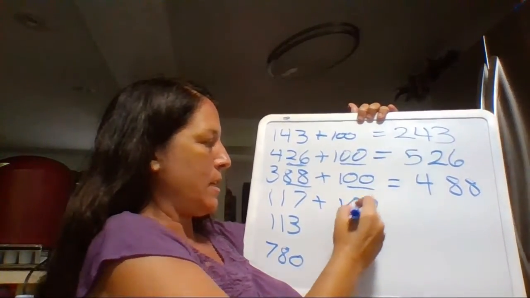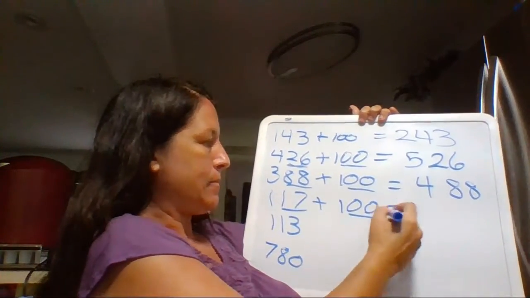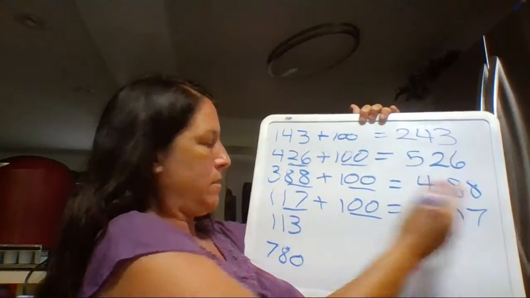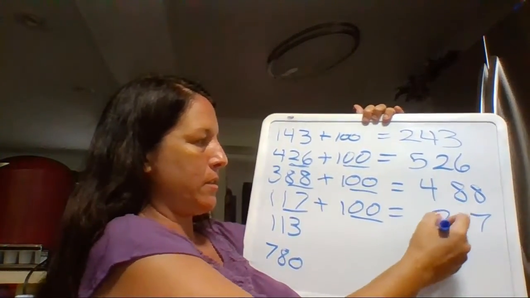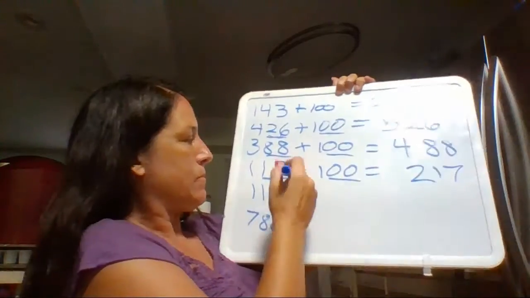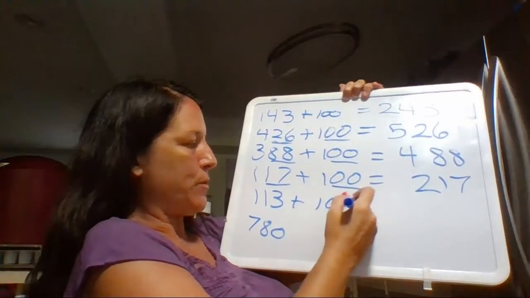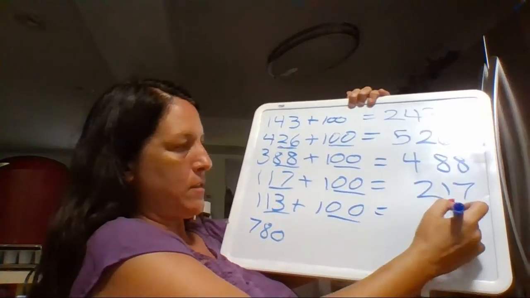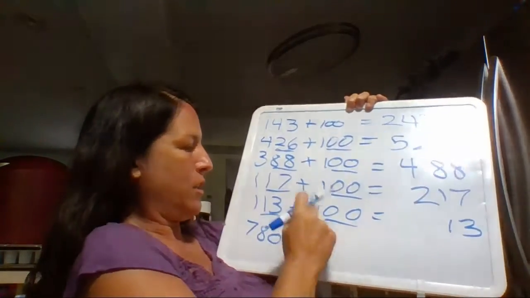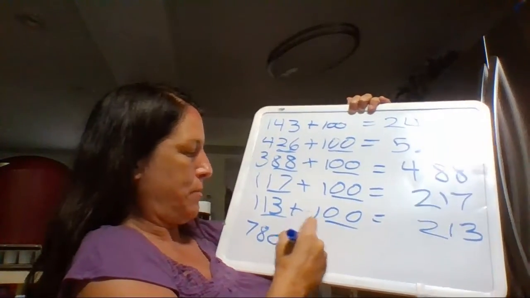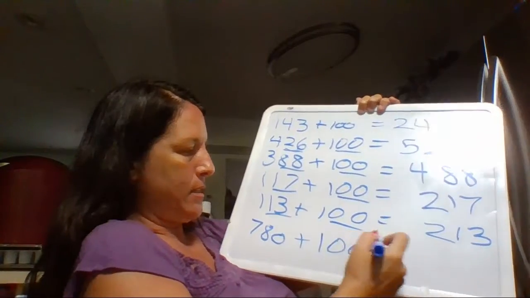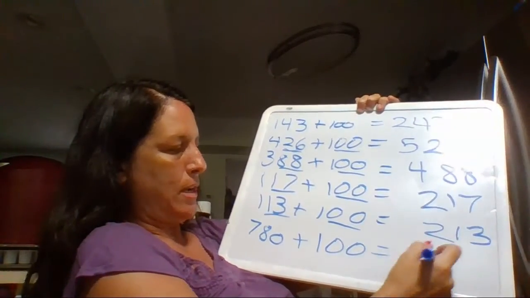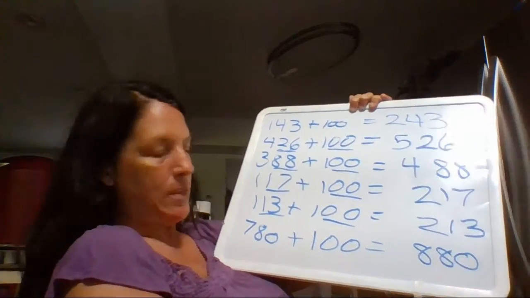Next one, same thing. So you've got 17. 1 plus 1 is 2. Are you wondering how you're supposed to do that in a minute? Because you got to look at what's not changing and what is changing, and then you can be pretty quick about it. 780 is going to go to 880. These stayed the same.